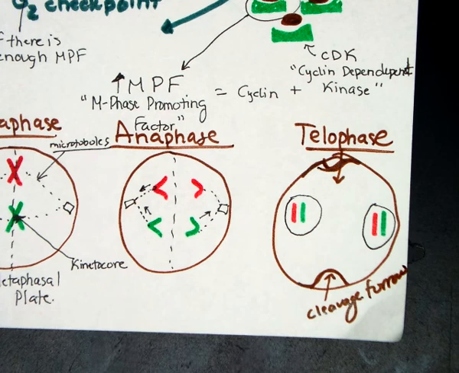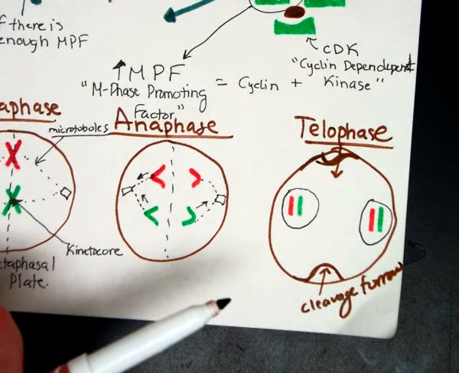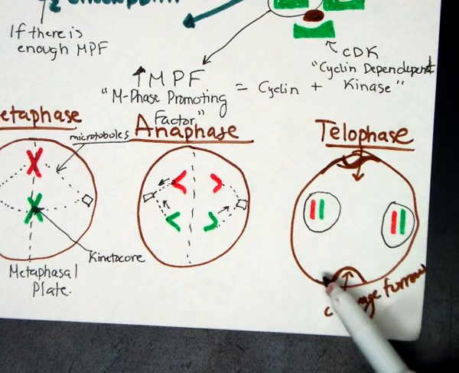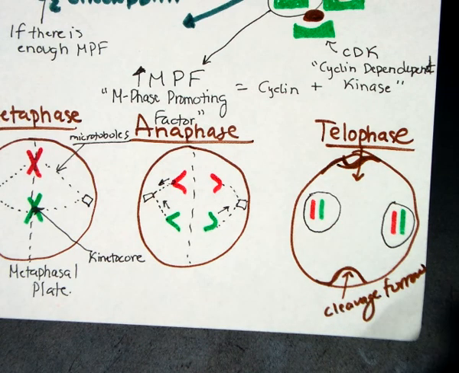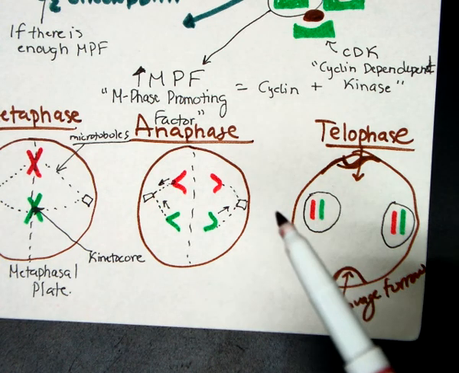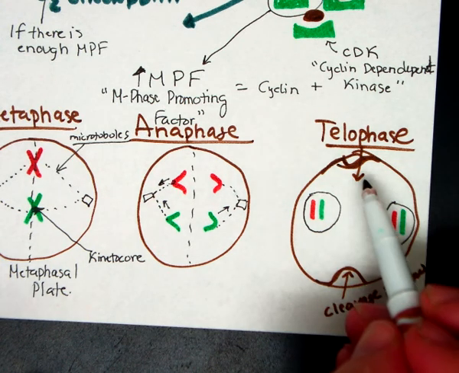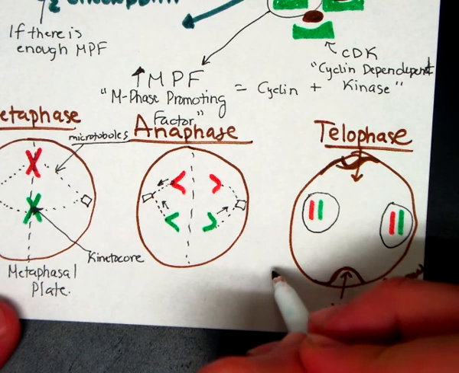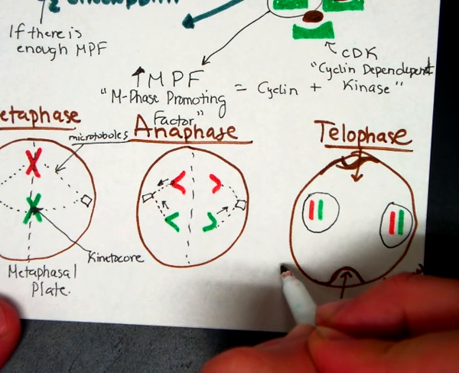Right, and what comes to completion is cytokinesis, right? So we have our nuclei formed, we have the beginnings of the cleavage furrow. Cytokinesis is simply the complete division of the cytoplasm after telophase. And so you have two distinct cells, right? And you can kind of imagine what those would look like.